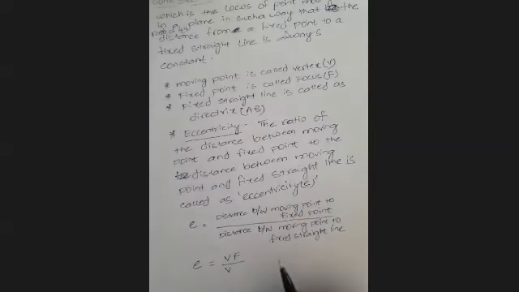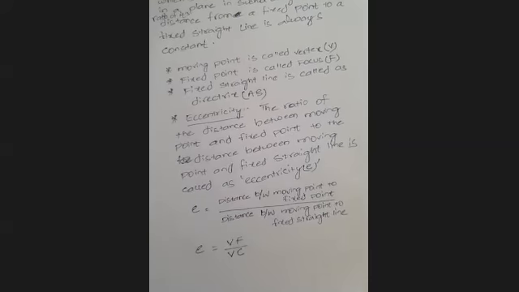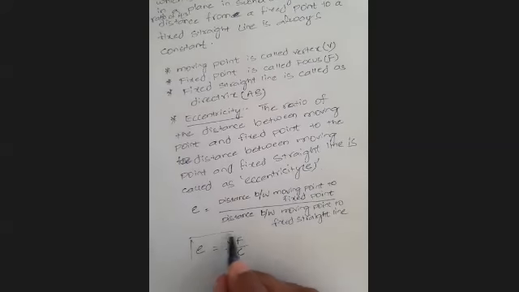A point on the fixed straight line is denoted by C, so this C represents the fixed straight line. This is the formula you are supposed to remember for the construction: e is equal to VF by VC.